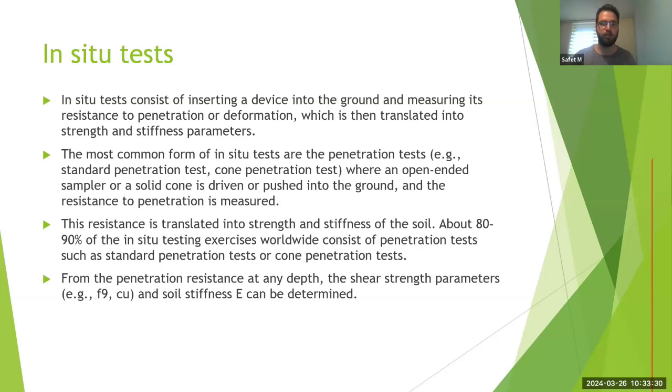From the penetration resistance at any depth, the shear strength parameters, for example Cu, which would be undrained cohesion, and the soil stiffness, which would be E, or Young's modulus, as you would use for concrete or steel, can be determined.